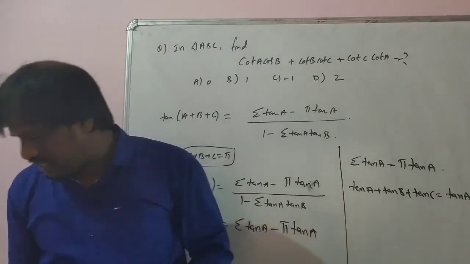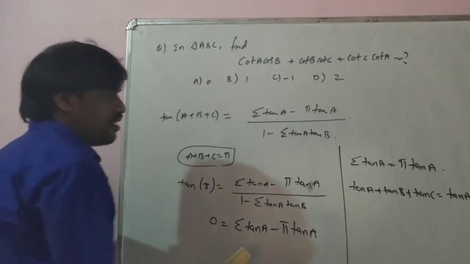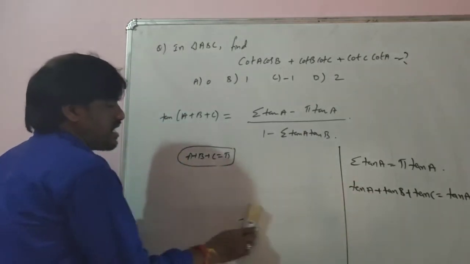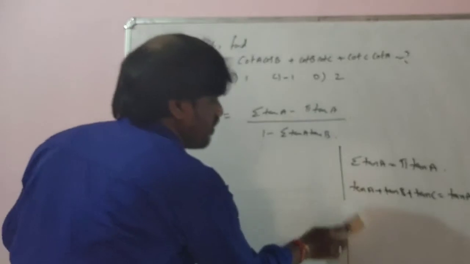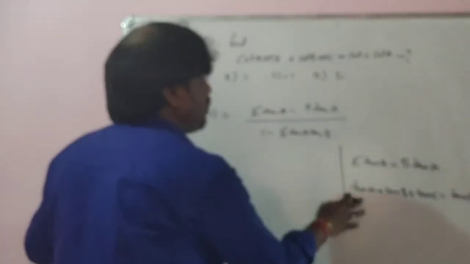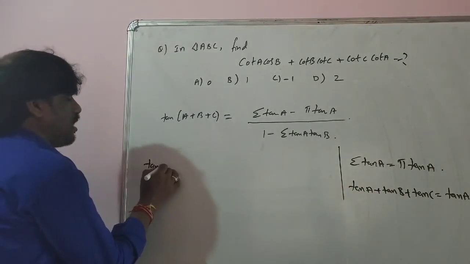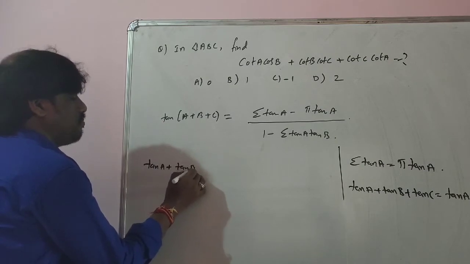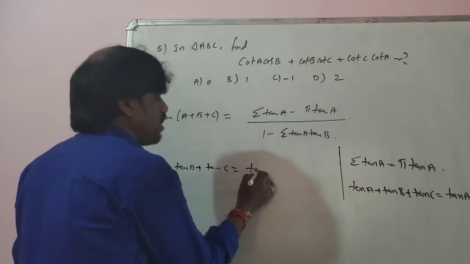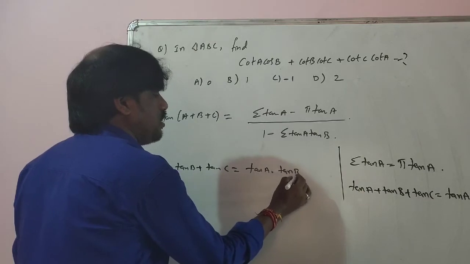What you have to find here is cot A cot B and so on, so you have to do one thing: divide by tan A tan B tan C. Here you have tan A plus tan B plus tan C is equal to tan A into tan B into tan C.